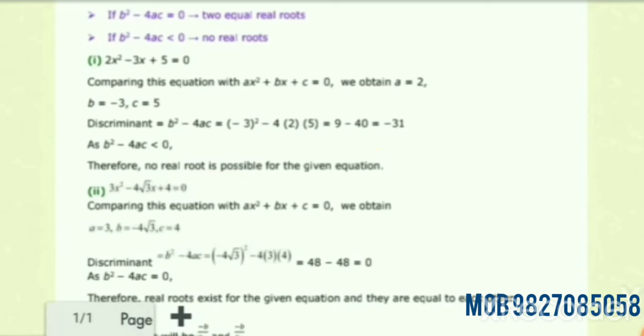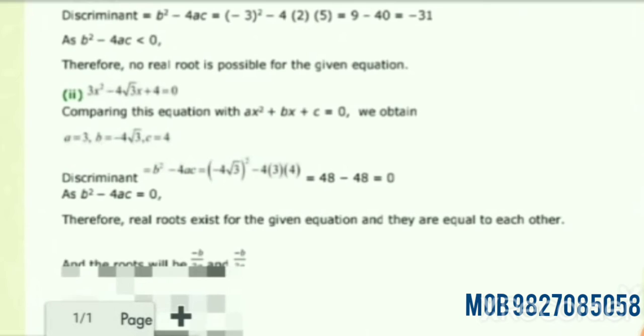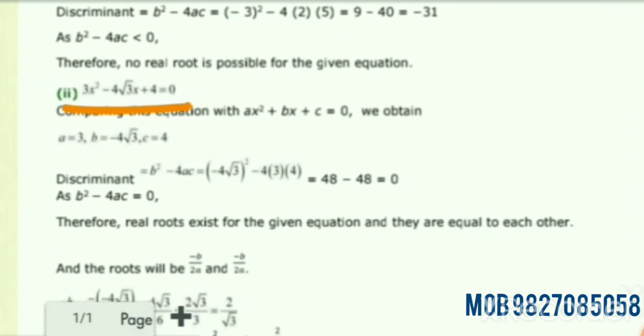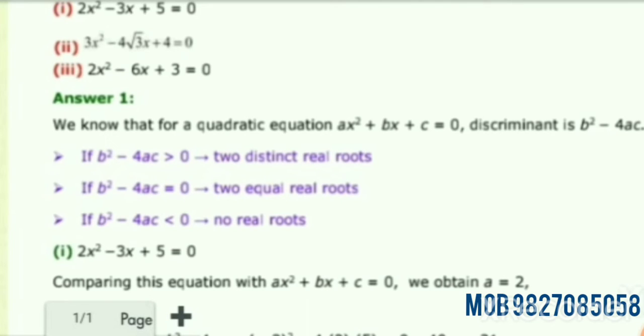Okay, now question number 2, 3x square minus 4 root 3 x plus 4. Again firstly we find the values of a, b, c, put them in the formula and get the value of D. It is 0 here, so we can say in this case roots are equal to each other. Okay, now question number 3 is your homework.